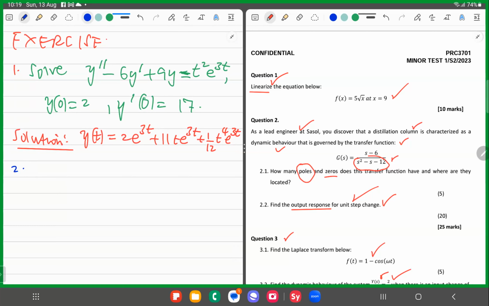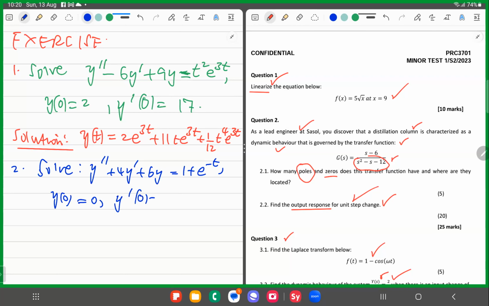Right, so there's another one, a bit involving, but worth trying. This one here, number 2, you must be able to solve. So I'm going to give lots of them. This one is the second derivative of y plus 4 times the first derivative plus 6y is equal to 1 plus e to the power minus t, with y of 0 equal to 0, y primed of 0 equal to 0.